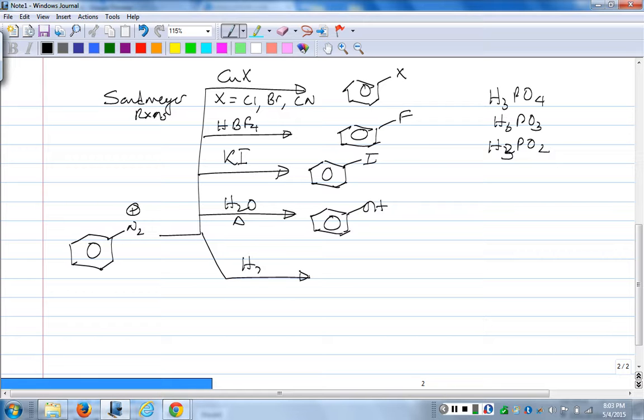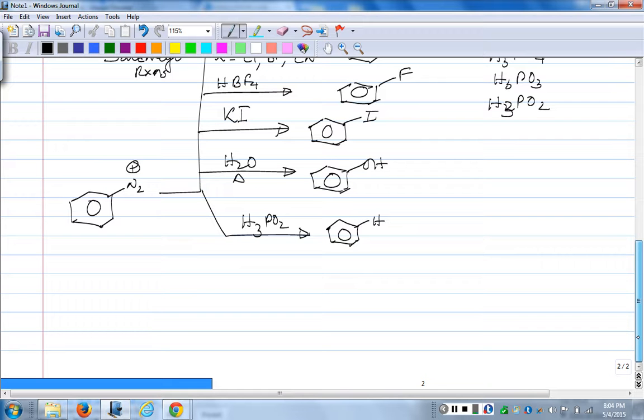So if I treat this with hypophosphorus acid, it puts on a proton. It puts on an H instead. This reaction is actually pretty useful from two perspectives. It gives me a way to put on a D onto the benzene ring. I can use D3PO2. Or you can use it as a way to use the amino group for its powerful directing ability and then get rid of it.